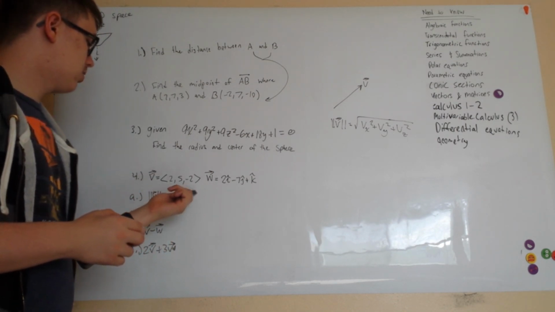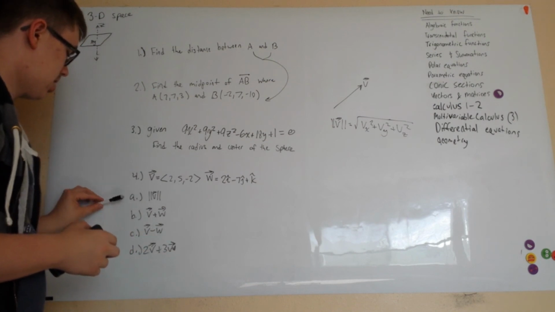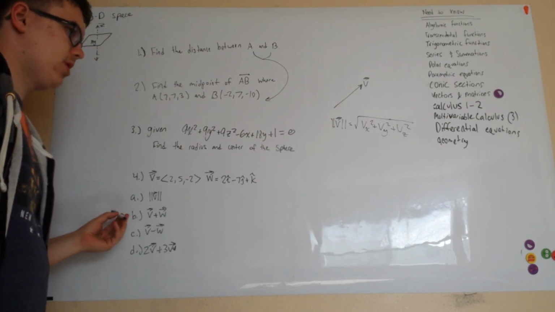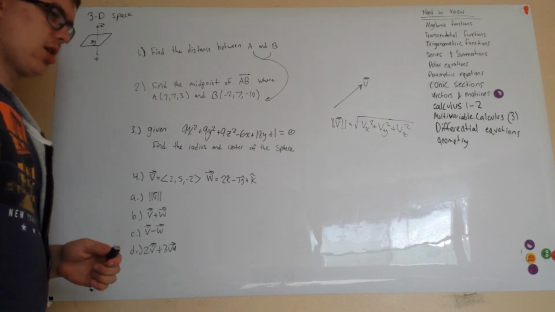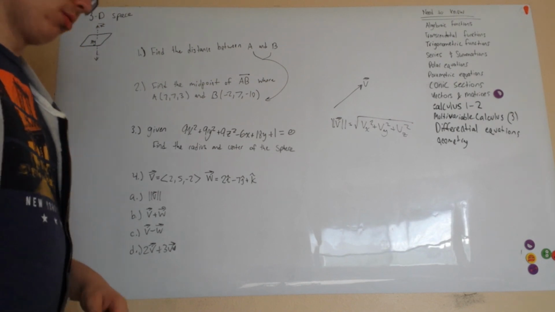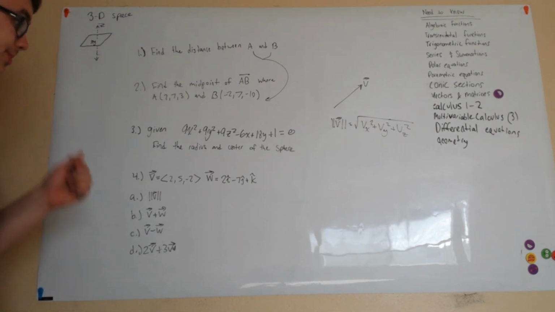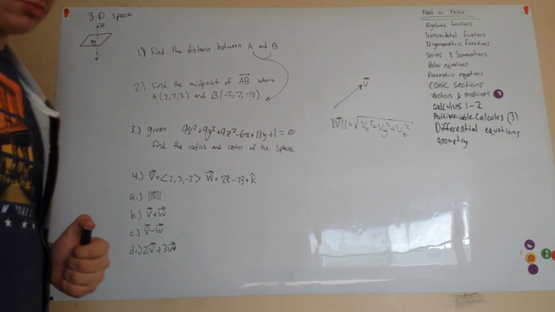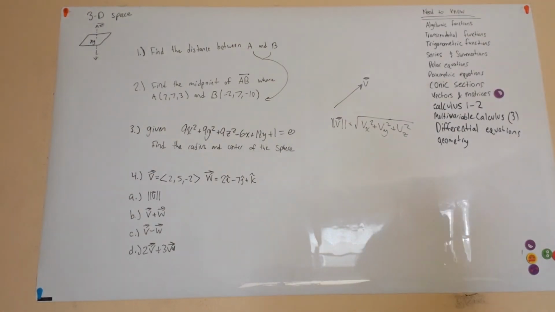Number four, it's giving you two vectors, and you're supposed to find A, the magnitude of vector V, B, the sum of V and W, C, the difference of V and W, D, 2V plus 3W. So it's just vector operations. Nothing too crazy. And there you go.